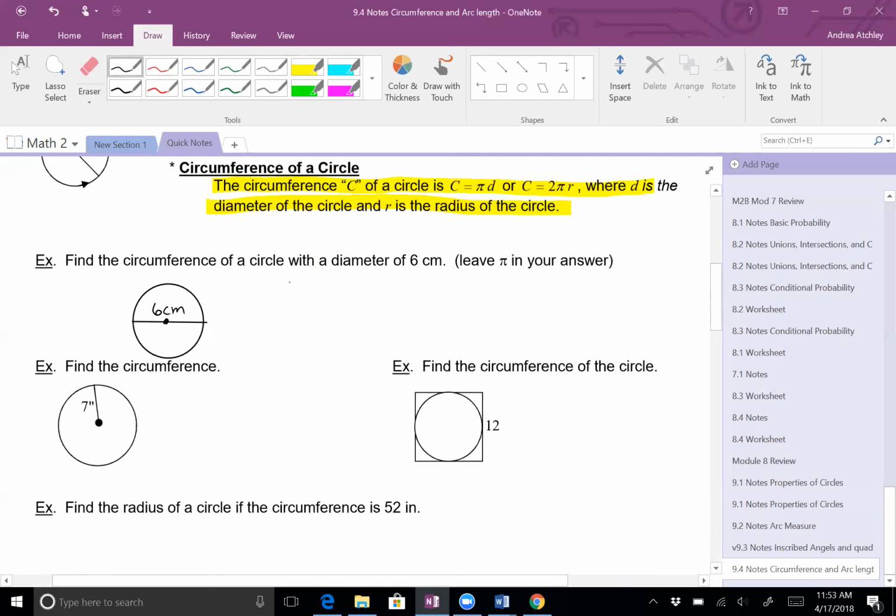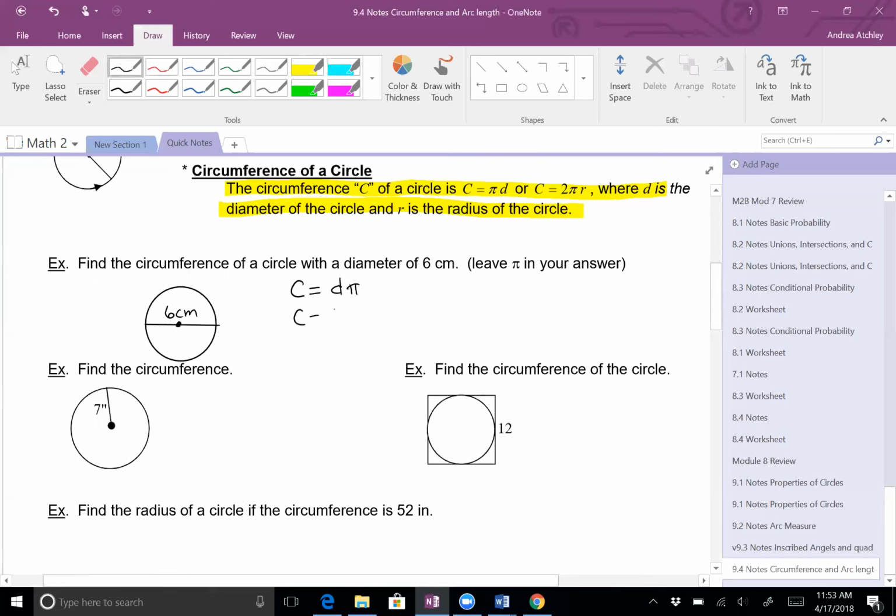Our formula, since we are given a diameter, should be diameter times pi. So our circumference is going to equal 6 pi.